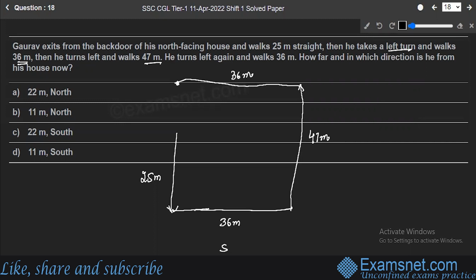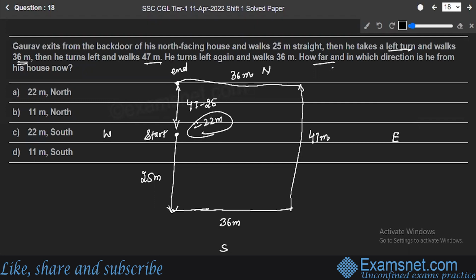Correct? Now, this was south, this was north, here is east, and here is west. Now, the question is how far and in which direction is he from his house now? So that means here is his house. This is the starting position, right? And this is the end position of him. And how far is from this distance? Obviously, this is 47 minus 25, which is equal to 22 meters.